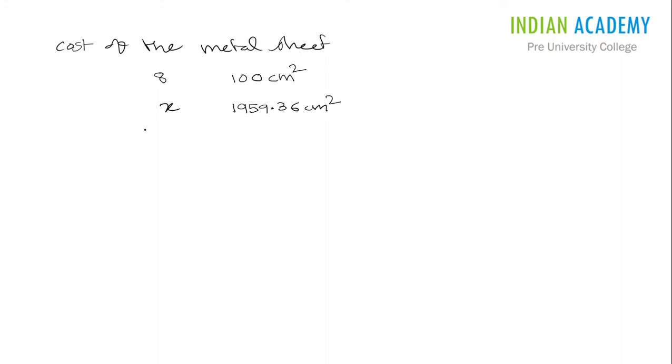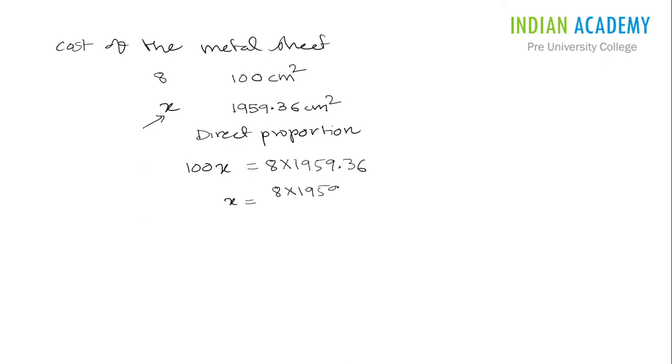So what is the cost? It's a direct proportion. We can get 100x equals 8 into 1959.36. So x is equal to 8 into 1959.36 divided by 100.